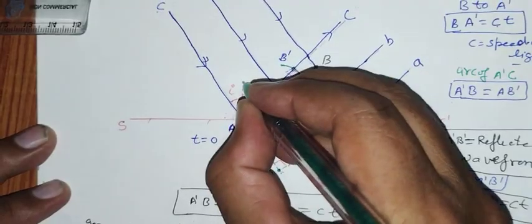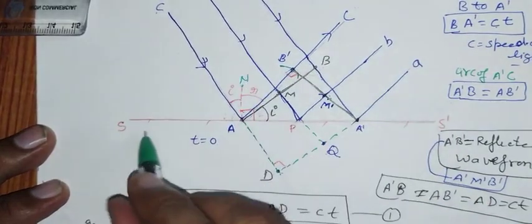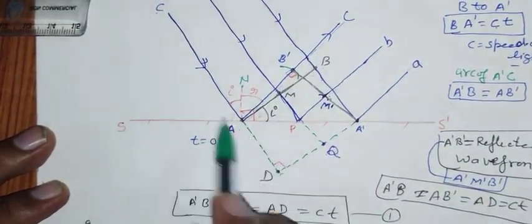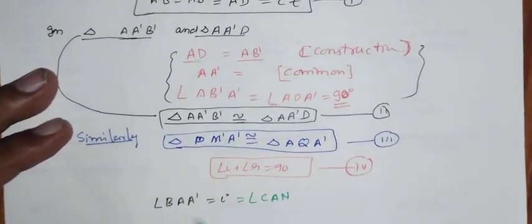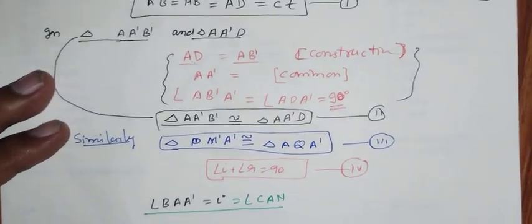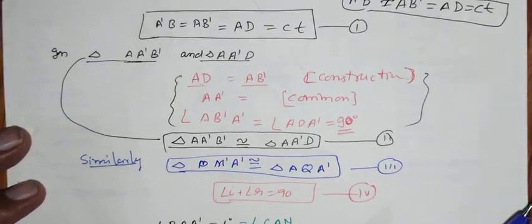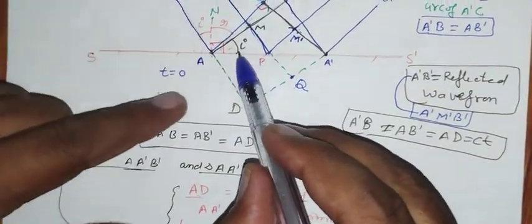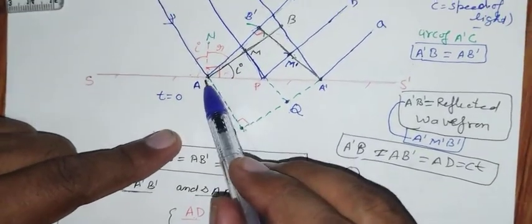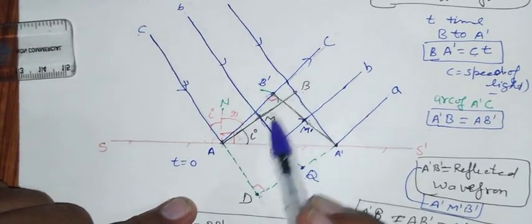And this normal is considered as a point N. So then this I is equal to angle CAN. See carefully, very carefully here. If this is angle I, it is incident wavefront AMB.